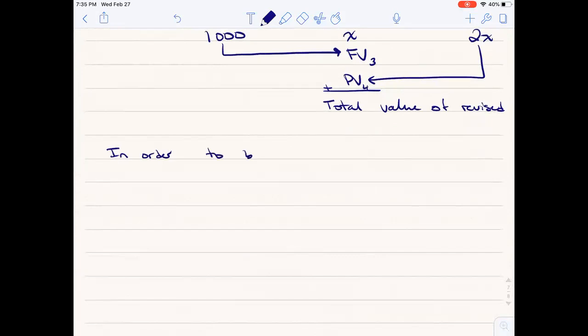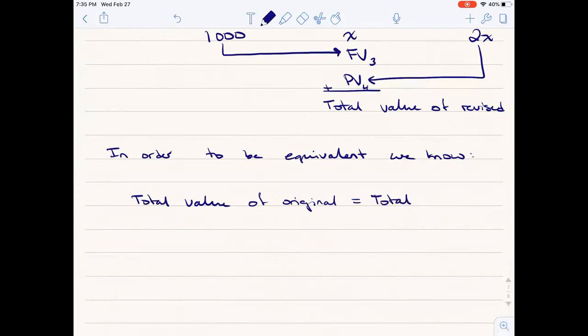So in order to be equivalent, we know that the total value of the original must be the same as the total value of the revised.